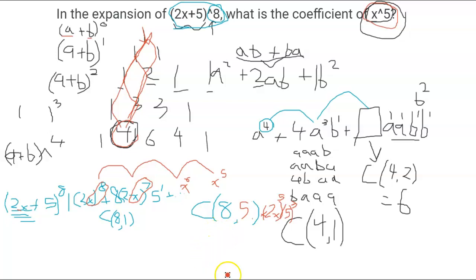That's a number from your calculator. 2x to the 5th is 2 to the 5th, x to the 5th. 5 cubed is 125. 2 to the 5th is 2, 4, 8, 16, 32. I was doubling on my fingers. So 32 times 125.